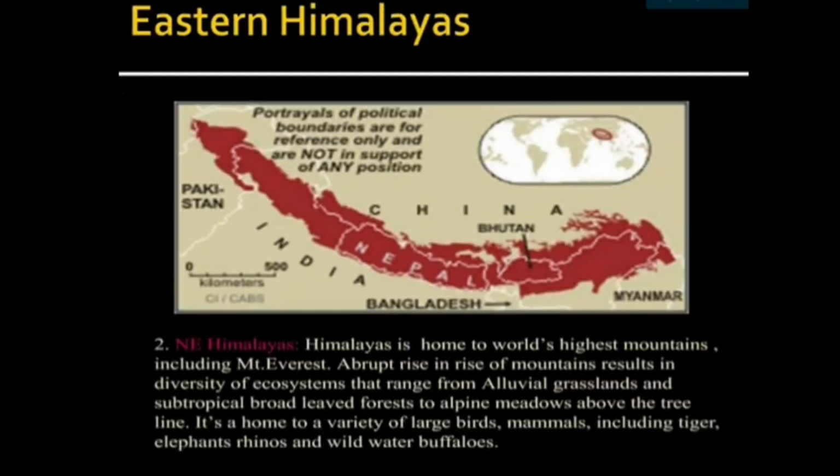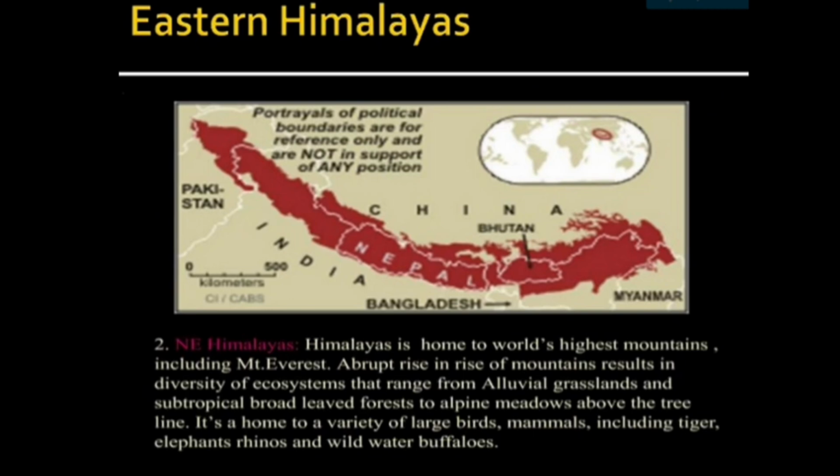Himalayas is home to world's highest mountains, including Mount Everest. This Himalayan region is with thick forest having diversity of ecosystems that range from alluvial grasslands and subtropical broad-leaved forests to alpine meadows.